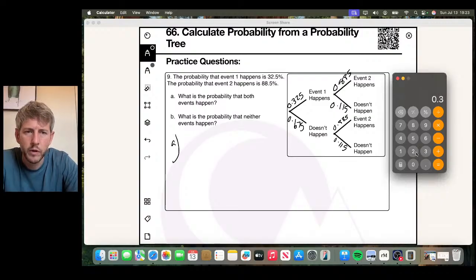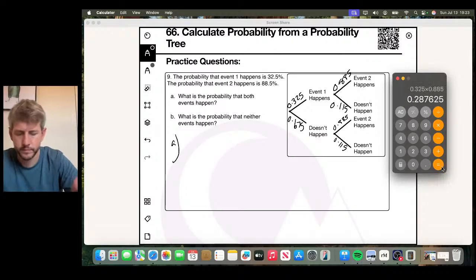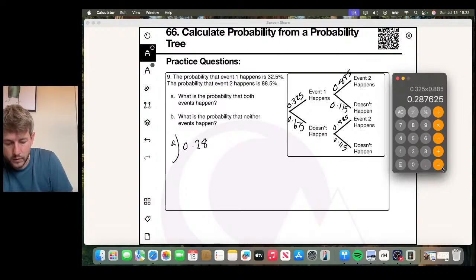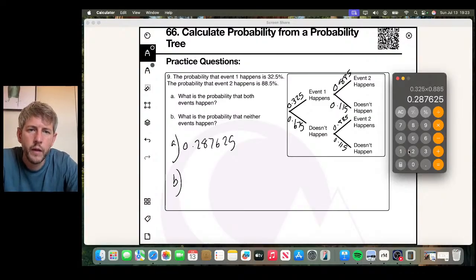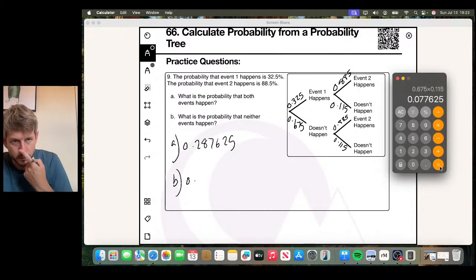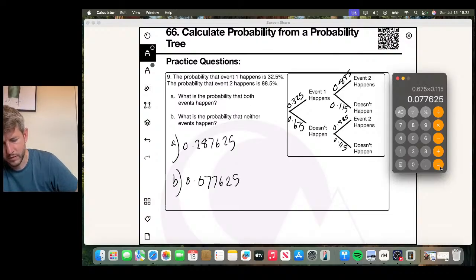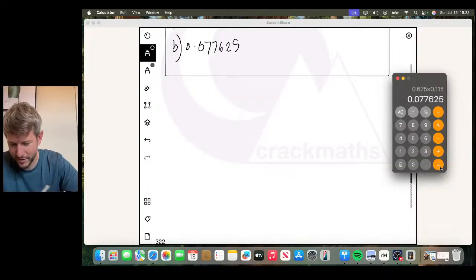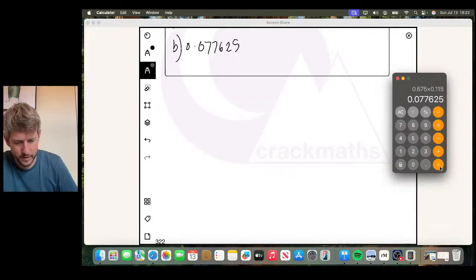So we've got, and then here we've got, no 10th question there, that's fine. So let's go get these marked.